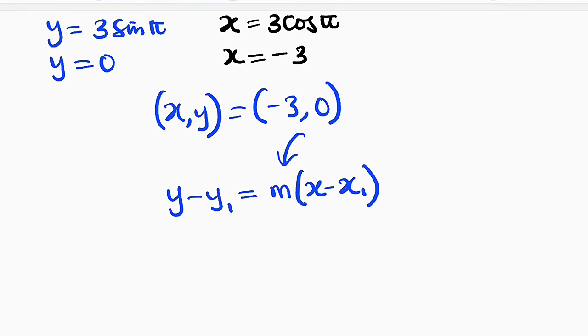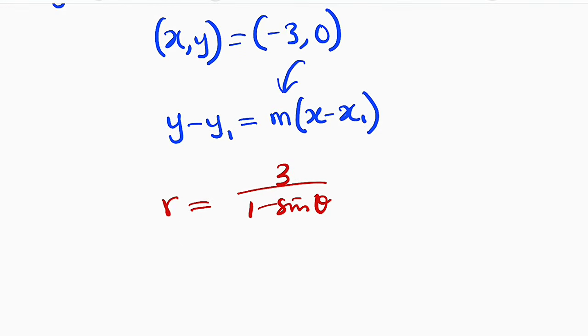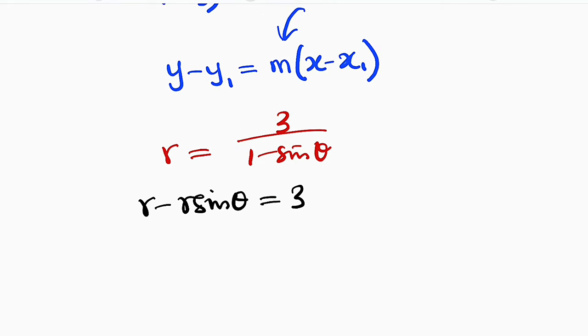Then let us go to the main equation, which is r equal to 3 divided by 1 minus sine theta. I would like to convert this equation into rectangular equation. So let us cross multiply. You take this, you multiply by r, you set it to be equal to 3. r times 1 is r, minus r sine theta. This is equal to 3. What is r?